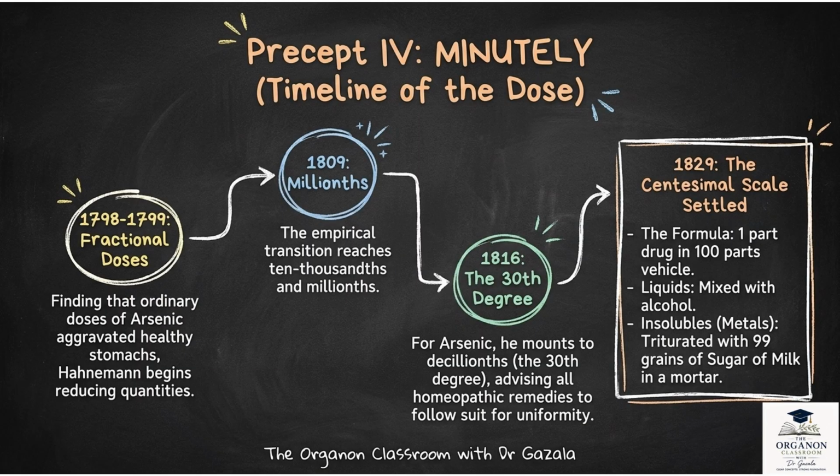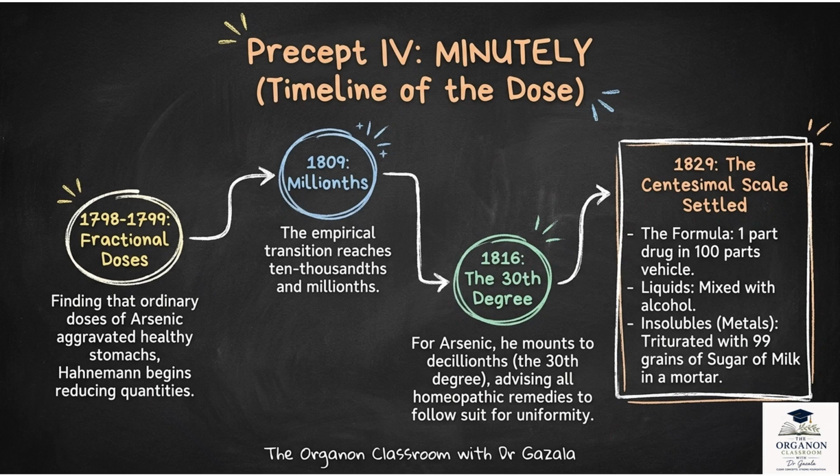Then around 1816, we see the development of the 30th dilution, which Hahnemann recommended for arsenic and subsequently extended as a standard approach for other homeopathic remedies. Finally, by 1829, the centesimal scale had become more established, with the familiar principle of 1 part of the drug to 99 parts of the vehicle at each stage.